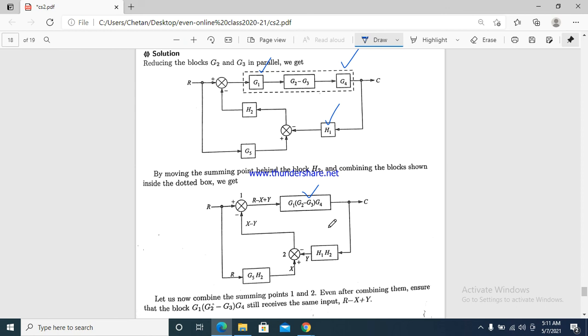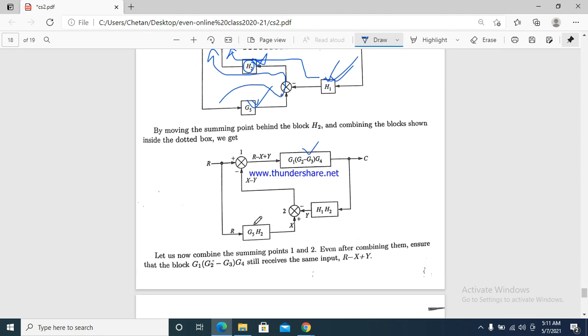Actually the thing is that here you can observe the path of movement. Here these two values are added like this through this path, and here also you can see. Now H2 is common for this value as well as this value. Because of this, instead of drawing H2 here, they have multiplied H2 here only, for these two elements.